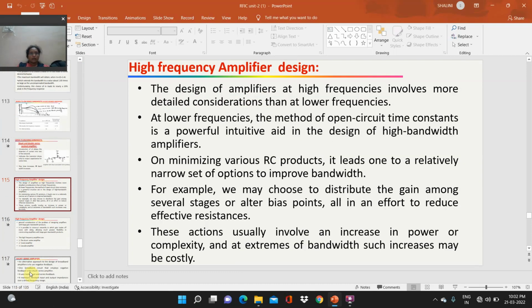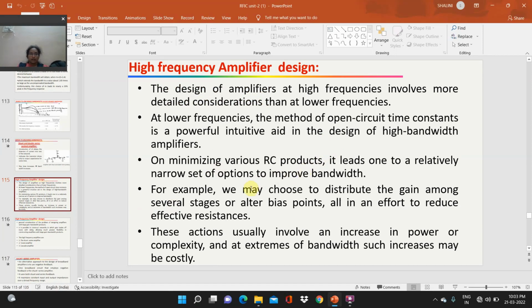The design of amplifiers at high frequencies involves more detailed considerations than at lower frequencies. At lower frequencies, the method of open circuit time constants is a powerful, intuitive aid in the design of high bandwidth amplifiers. On minimizing various RC products, it leads one to a relatively narrow set of options to improve bandwidth.